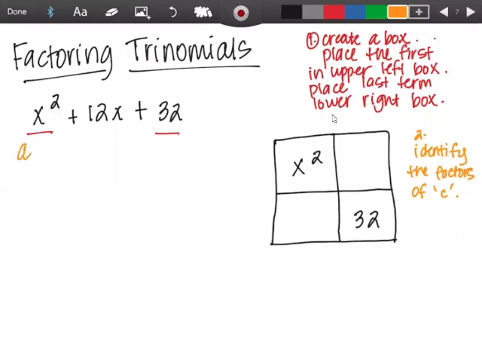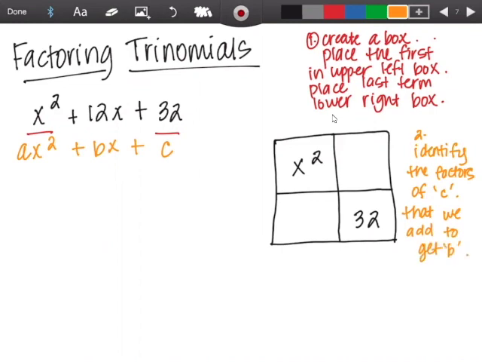Remember, standard form is ax squared plus bx plus c. And in this case, c is 32. All right. So we are going to identify the factors of c that we can add so that we get b. Okay.